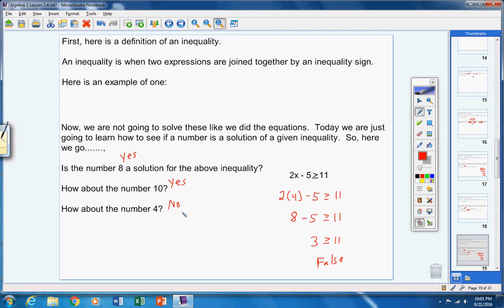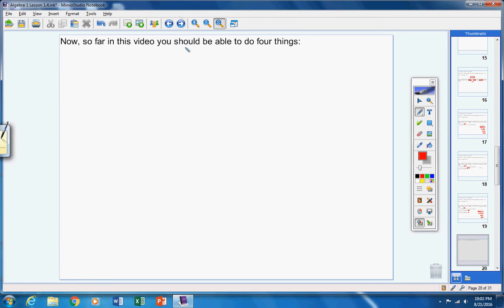So there we go. That's all I want you to do right now when it comes to inequalities, okay? Just be able to substitute a number in and tell me yes, it satisfies the inequality, or no, it does not. Okay? Now, let's stop and review before we go on to something else, okay? So far in this video, you should be able to do 4 things. You should know the difference between an equation and inequality.